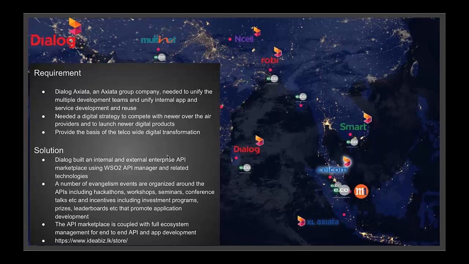One of the problems Dialog had internally was that they had a large IT team, and for the different goods and services, you had different unique software development teams who built their own underlying services, which connected to their own business systems and exposed their own set of services and consumed those services.